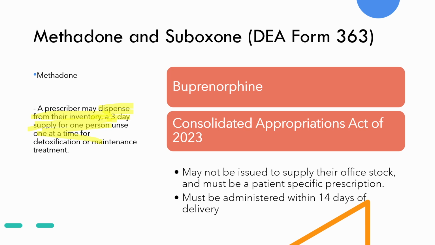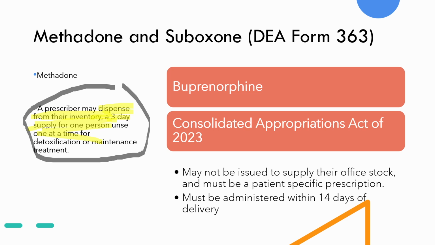So that is an important thing that we're going to delineate from the ones that are in an opioid use treatment facility. And with buprenorphine, you can't have an office stock.